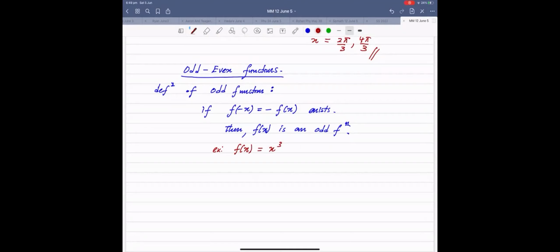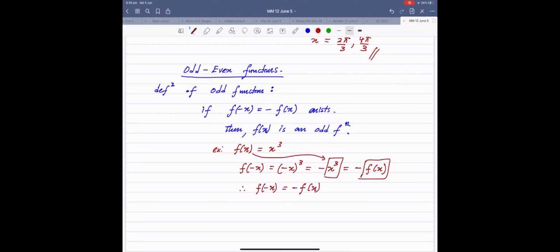If you put minus x here, it's going to be minus x to the power 3. It is nothing but minus x cubed. x cubed would be f of x, so it would be minus f of x now. So f of minus x is equal to minus f of x. So f of x equal to x cubed is an odd function.